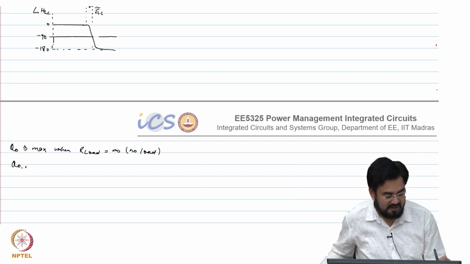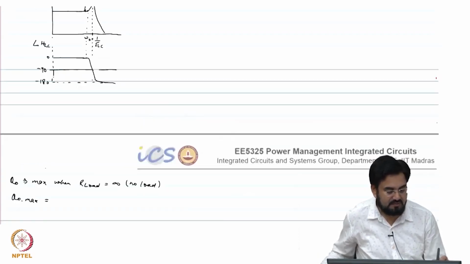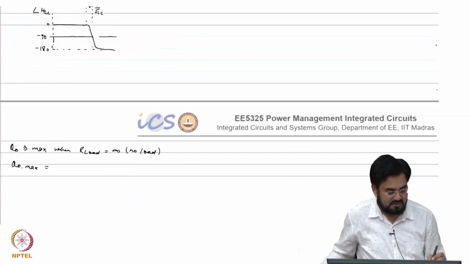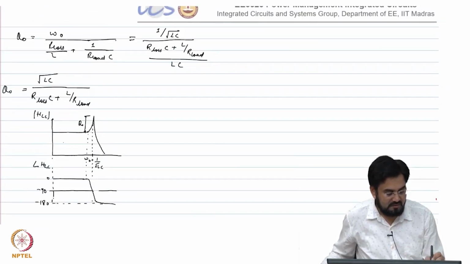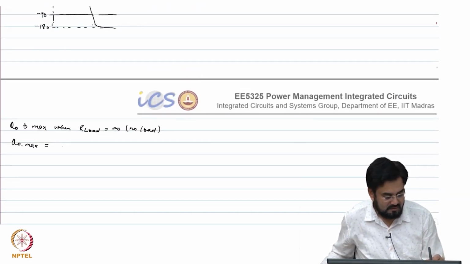So Q naught max equal to square root LC over.